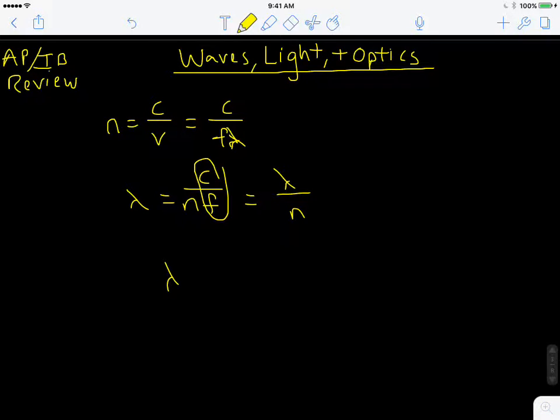What I develop here is actually a very useful equation for what we're going to be chatting about in just a moment: the wavelength of a wave in some material n is the wavelength of that wave in a vacuum divided by the index of refraction. Now, this is not a relationship that's in your reference tables, but it is a very useful one for you to know off the top of your head.